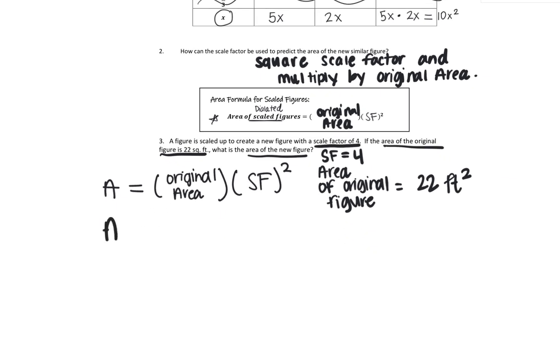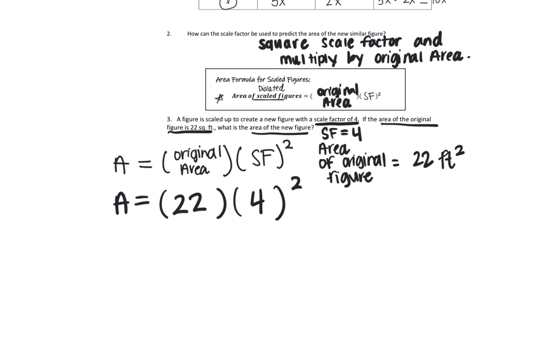Okay, so let's kind of replace things. I'll leave 2 different blanks and then I'll write my square. The original area is 22. 22 goes first. The scale factor is 4, so it goes second. Okay, exactly how I see it, the parentheses with 22 and then the 4 with the parentheses in the square.